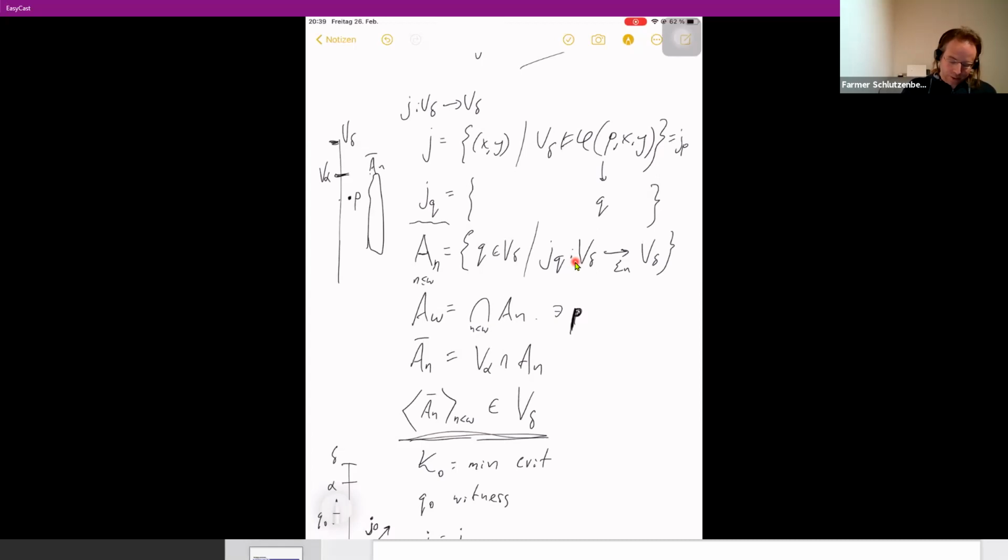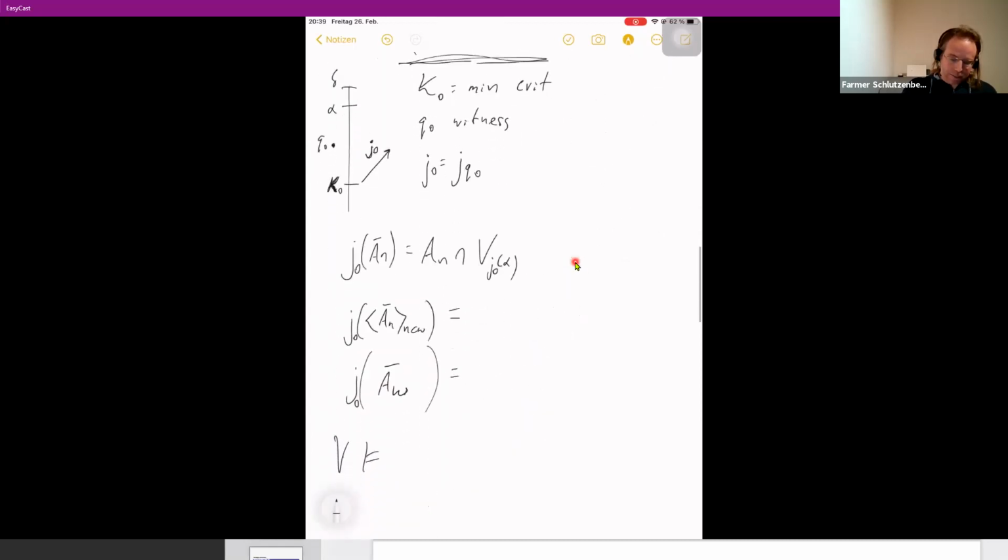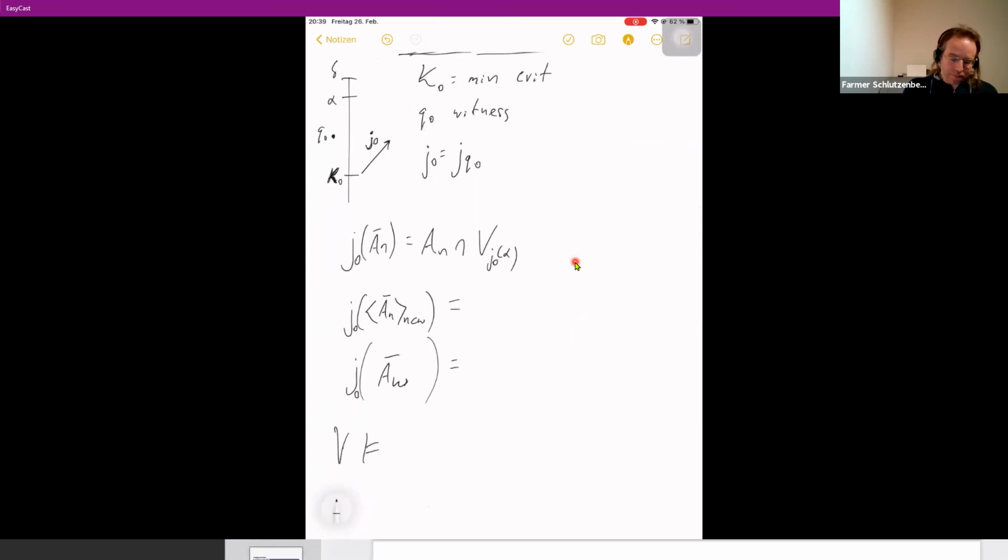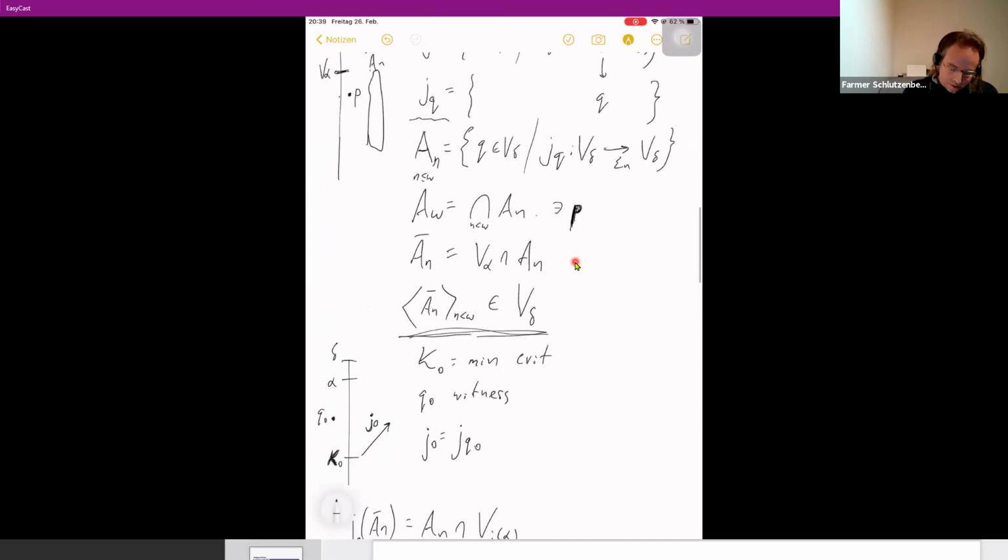So we will take kappa_0 to be the minimum critical point of such an embedding. We look at all the parameters that are in this V_alpha, in the A bar n's, A bar omega, which is the intersection of these. We know that P is actually in here, so this is not empty.